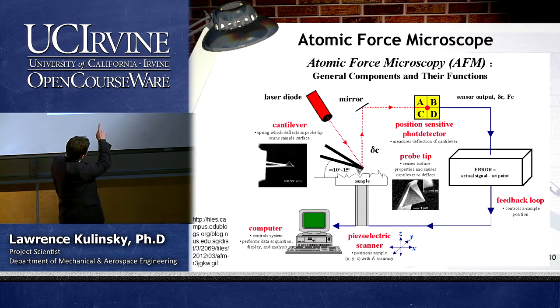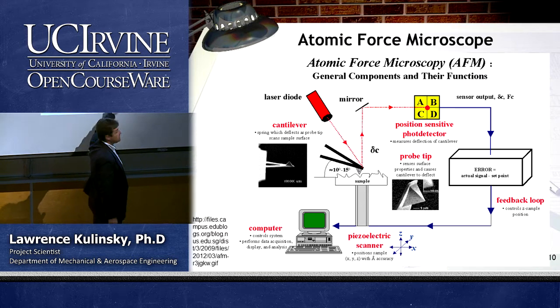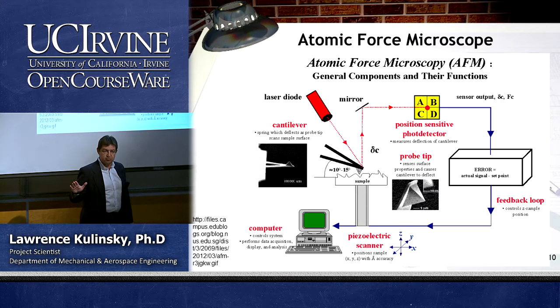So the laser shines down to the tip of the cantilever, off the back side of the cantilever, back through a mirror, and you will have an array of light-sensitive diodes that will give you the position of the tip. Okay, so you measure force and you know the position, and you can analyze your data in the computer.